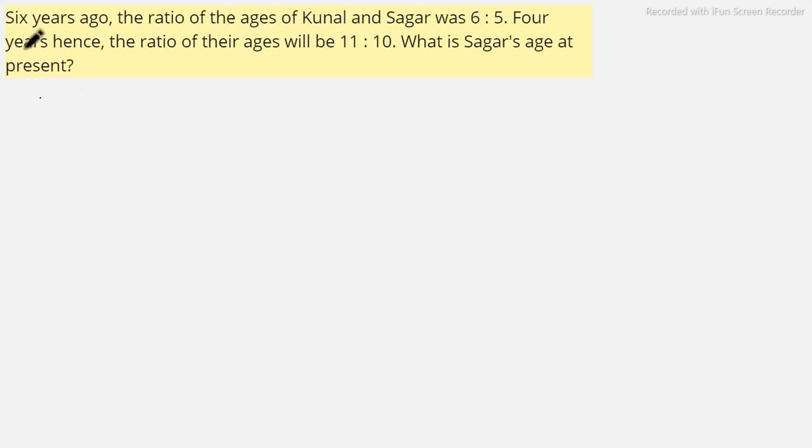So next question is, 6 years ago, the ratio of the ages of Kunal and Sagar was 6:5. 4 years hence, the ratio of their ages will be 11:10. So what is Sagar's age at present?